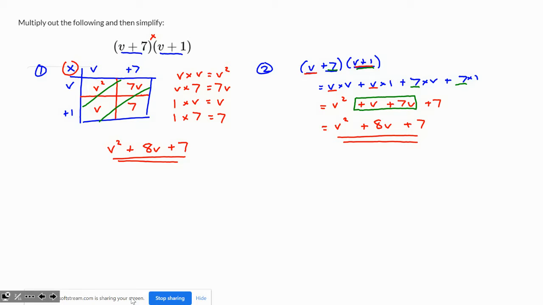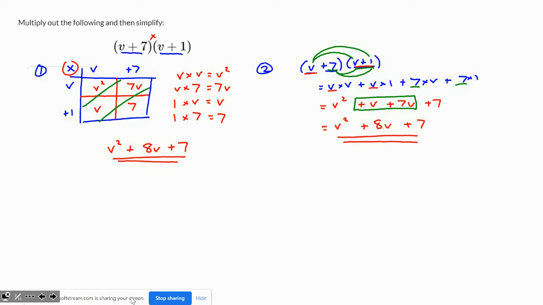Another way you might like to remember this is by recognizing we can do first, then the first terms, then the outside terms, then the inside terms, then the last terms of the brackets.